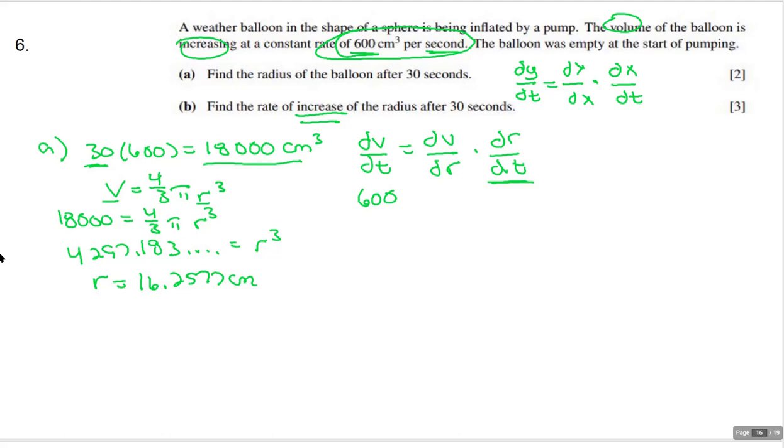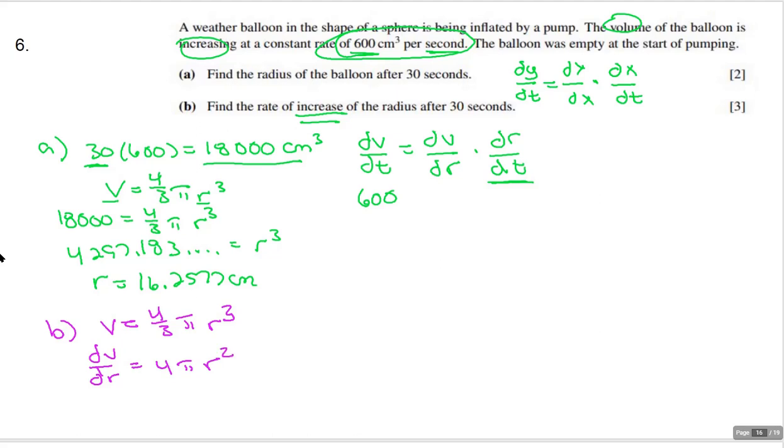So volume is equal to 4/3 pi r cubed. Now, if I want to find dv over dr, I'm going to multiply 3 times 4/3. That's going to give me 4 pi, and then it won't be r to the third anymore. It's going to be r squared.